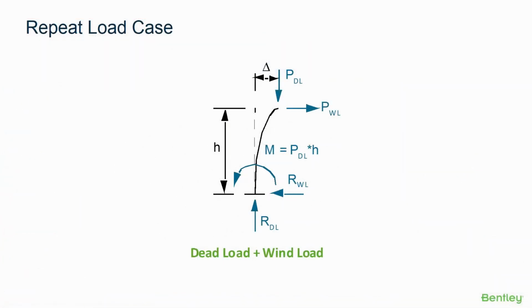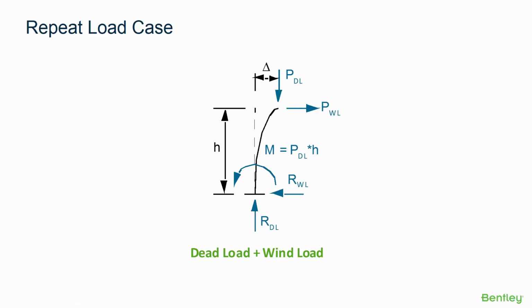The other type of workflow we can utilize to combine different loads together is to create a repeat load case. Now, this will be used to create a primary load case using combinations of previously defined primary load cases. A repeat load is treated as a new primary load, and second order analyses, such as a P delta analysis, will reflect the correct second order effects.